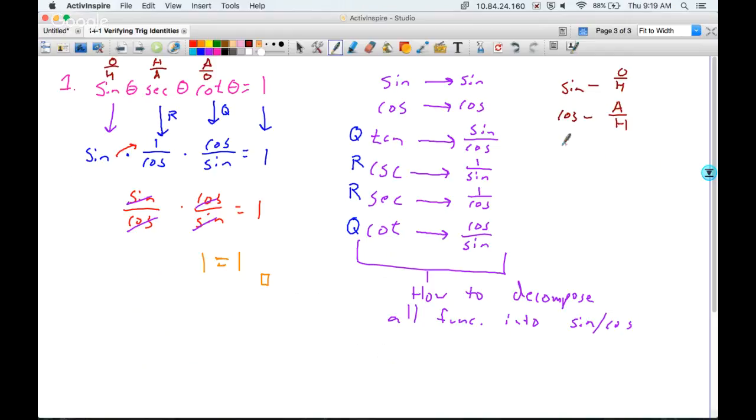You can maybe refer to a list of these. Halfway done. Cosecant, hypotenuse over opposite. Secant, hypotenuse over adjacent. Cotangent, adjacent over opposite.